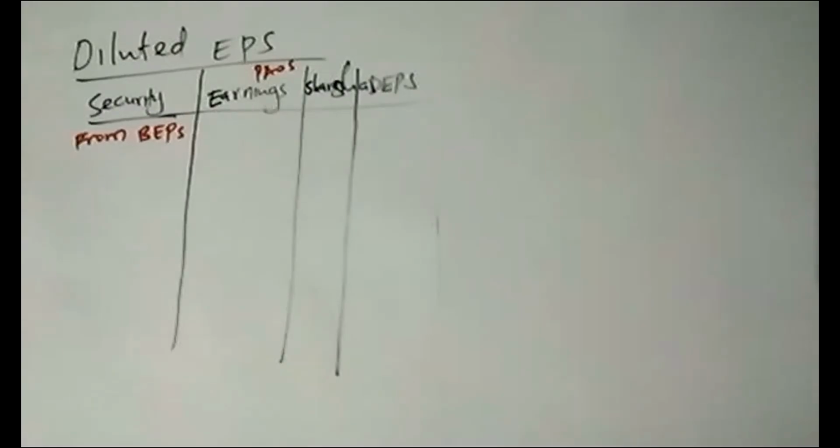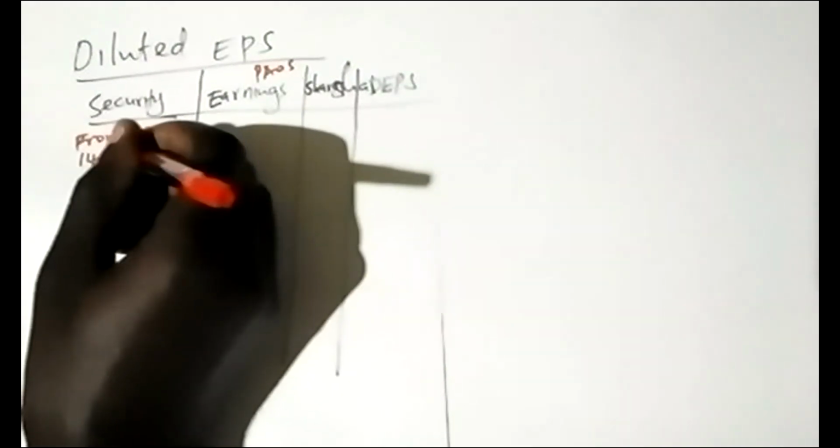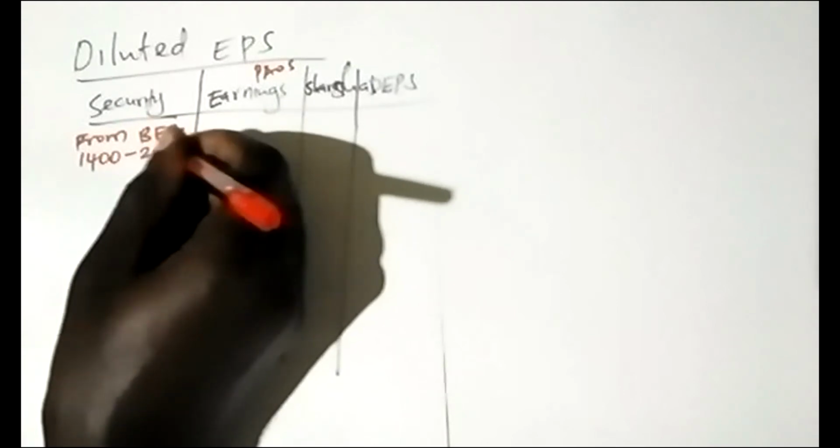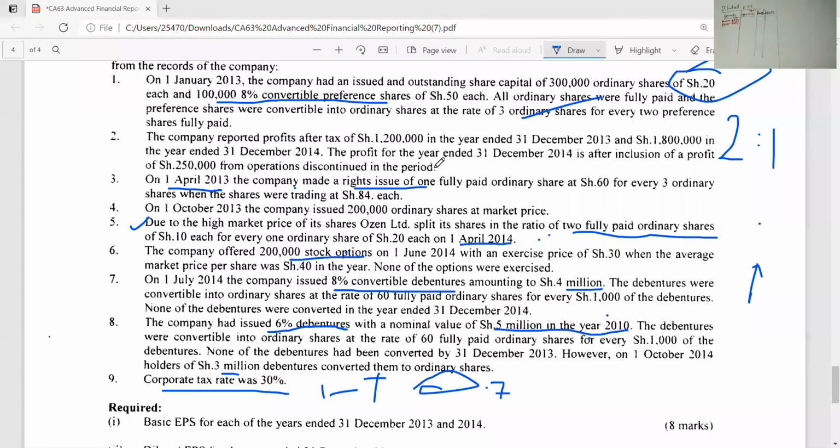But in order to get the 1,400, remember that we use the total reported profit after tax. But I said under diluted, you use the profit only from continuing operations. So when we arrived at 1,400, we took 1,800 and subtracted preference dividends of 400.